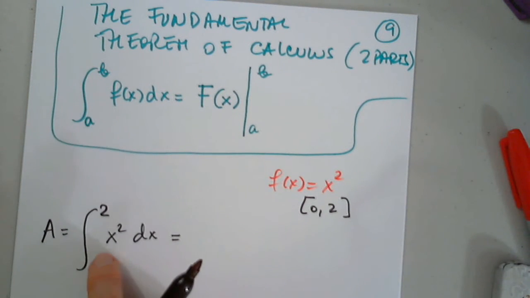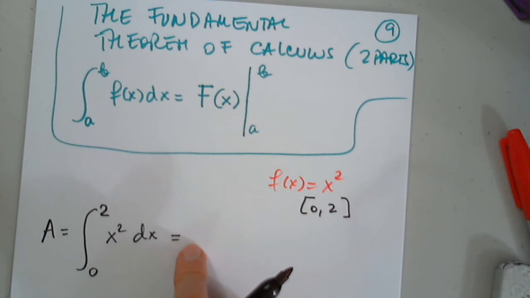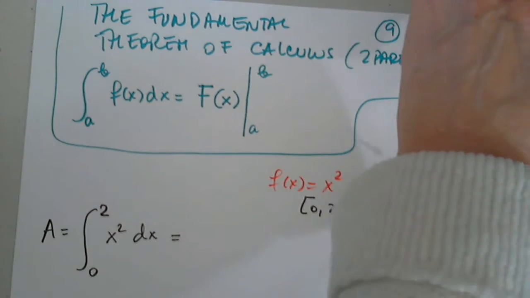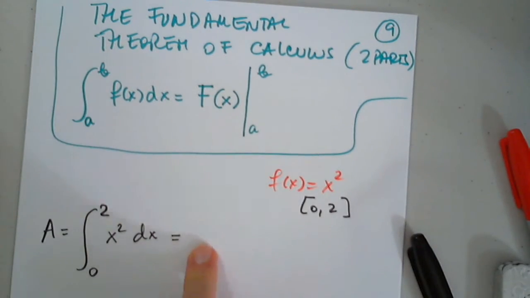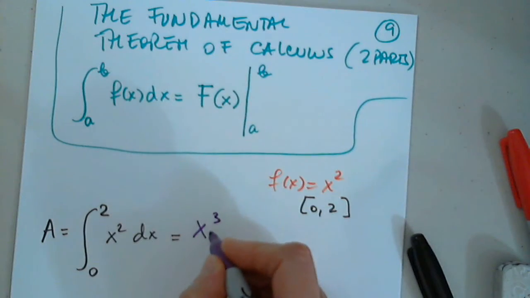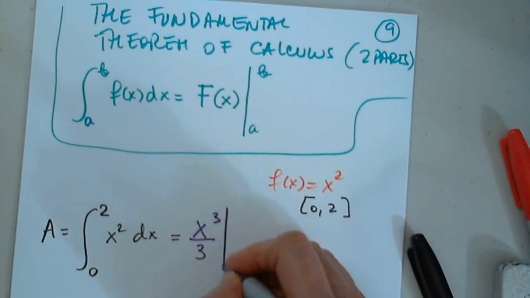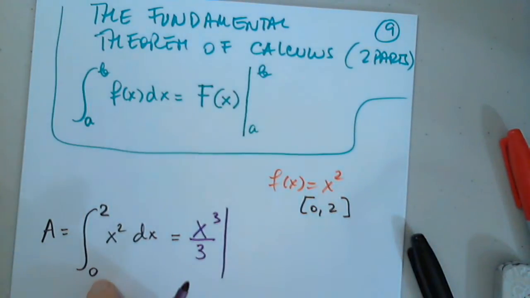Can anyone tell us what is the antiderivative of x squared? We had it today on a previous example. Which function do I differentiate to get x squared? X to the third over 3. Excellent. From a to b, from 0 to 2.